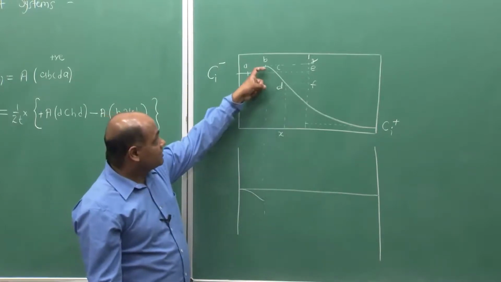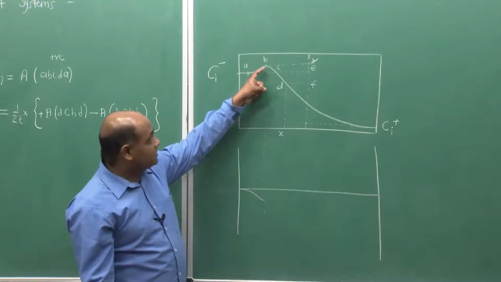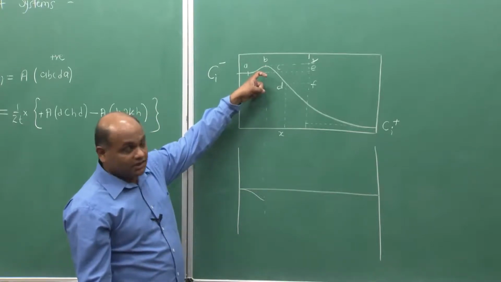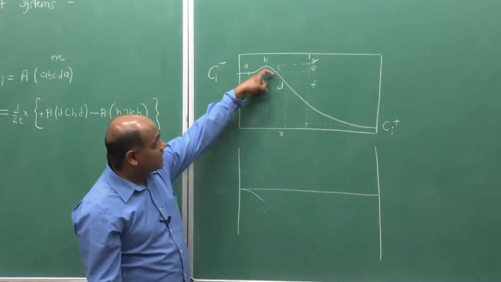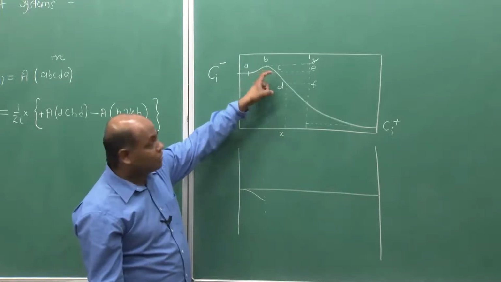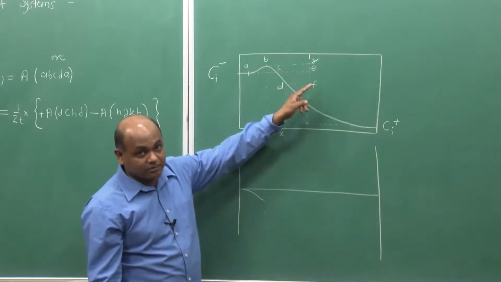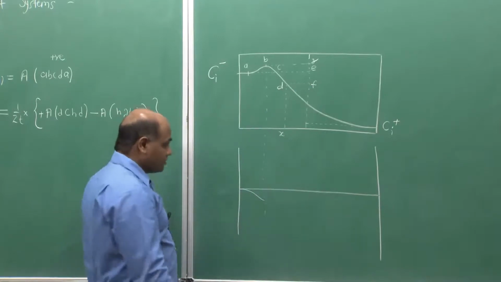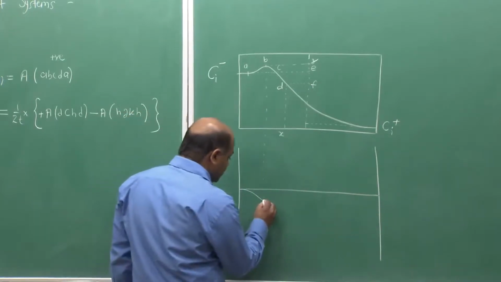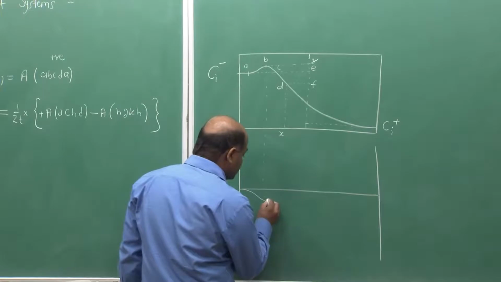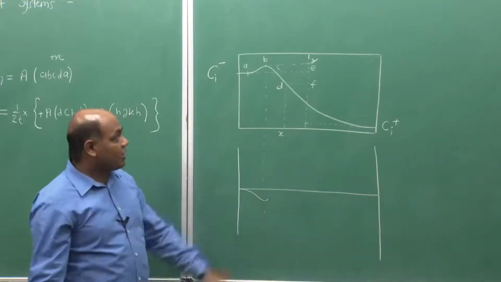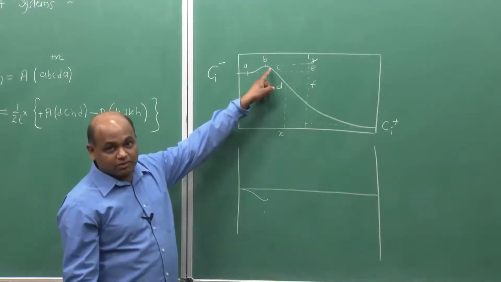Beyond point B, now the slope of the profile has changed. Here dC is now negative, and so any additional area contribution would be positive, and so the magnitude of flux will start decreasing beyond point B, or beyond the maximum on this profile here.